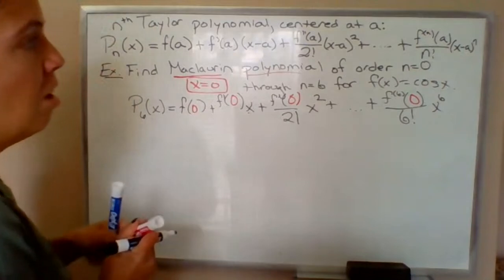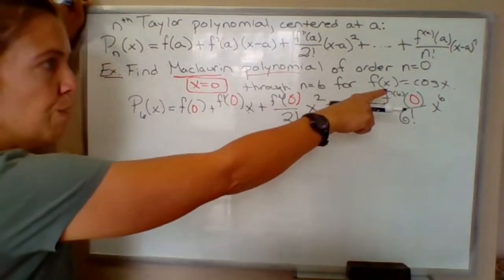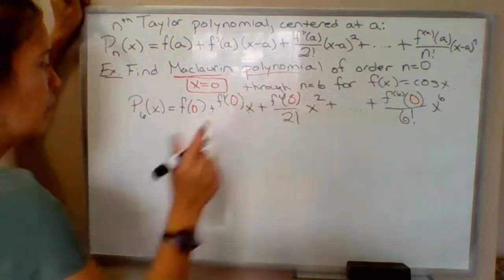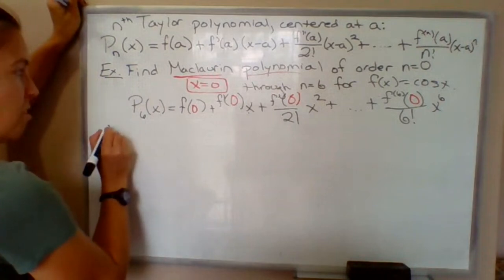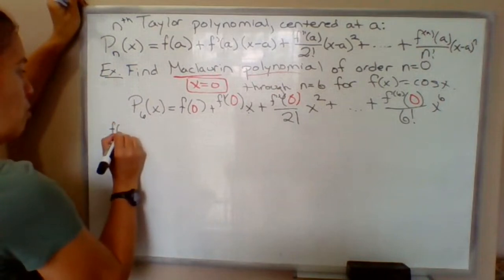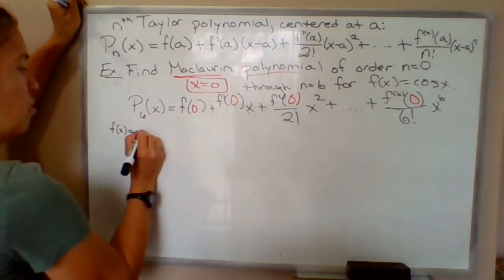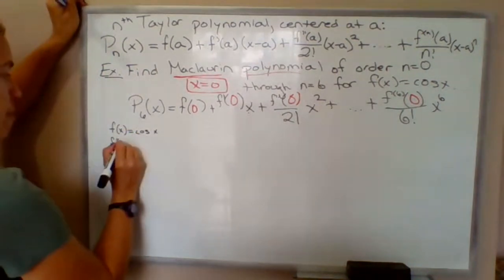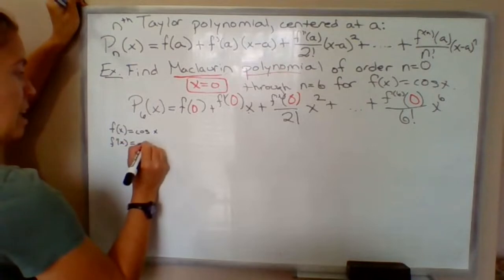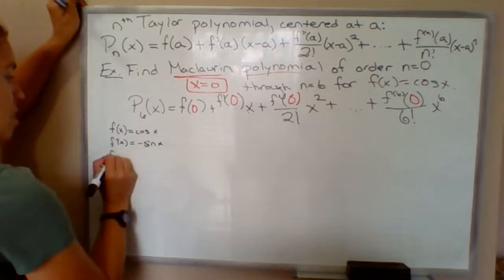So what we're going to need are the first 6 derivatives of cosine of x. That's one thing that we're going to need. So let me write that off to the side here. If the original function is cosine of x, then the first derivative will be negative sine x.